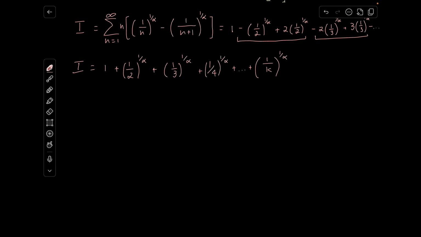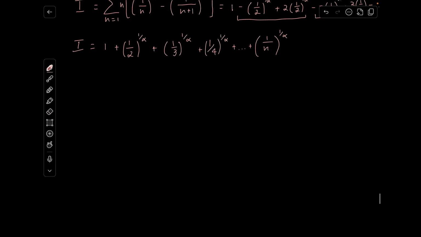Okay? So that'll actually just be n, right? Yeah, whatever. Basically, we get I is equal to the sum from n equals 1 to infinity of n to the minus 1 over alpha.